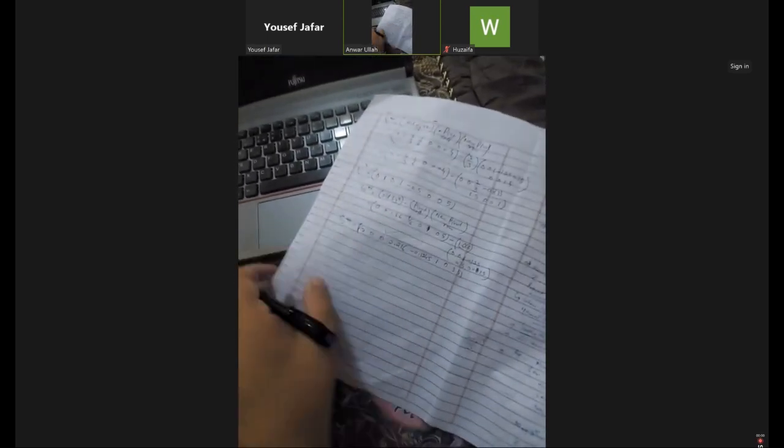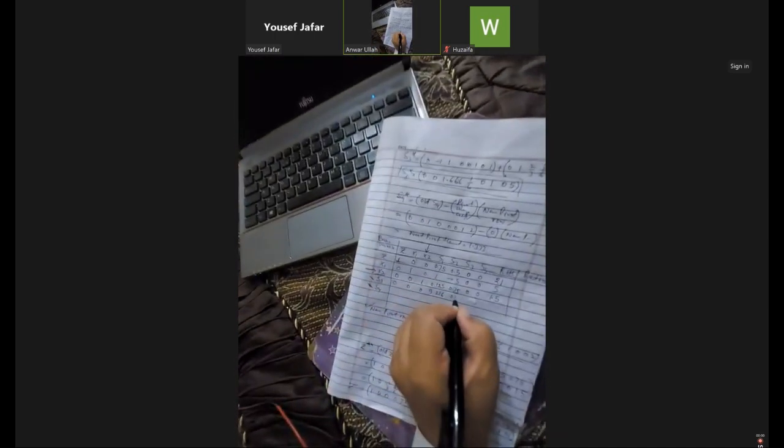So this is the updated S3 row. We updated this S3 over here. So the S3 row is 0, 0, 0, 2.216, minus 0.124, 0, 1, 0, 3.5.